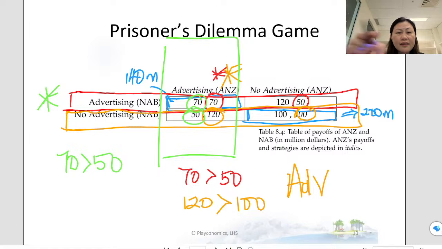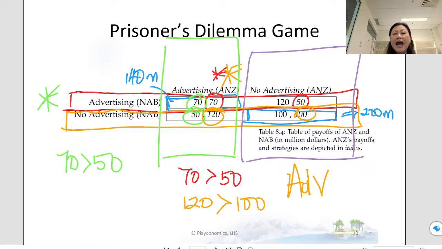And finally, if ANZ do not advertise and NAB advertise, NAB will get 120 million, which is greater than 100 million. So NAB will advertise. Sorry. NAB will advertise.